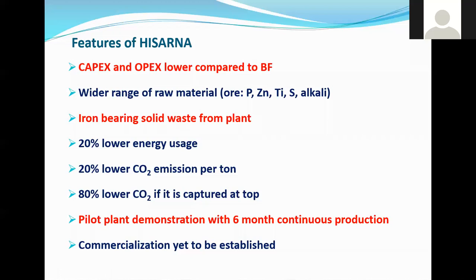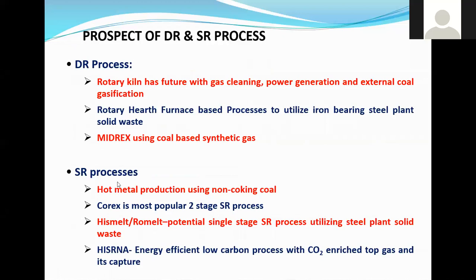So prospect of DR and SR process, that was, I can say, the rotary kiln future with the gas cleaning, power generation, and external coal gasification is a good potential. Rotary kiln also has a potential if you can just pay attention on the gas cleaning, power generation, as well as if you can do the external coal gasification. And the rotary hearth furnace, this process utilizes the iron bearing solid waste from the plant.